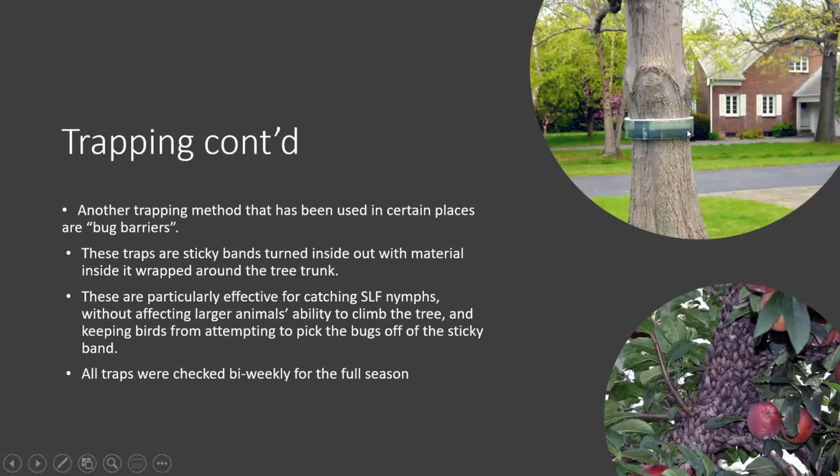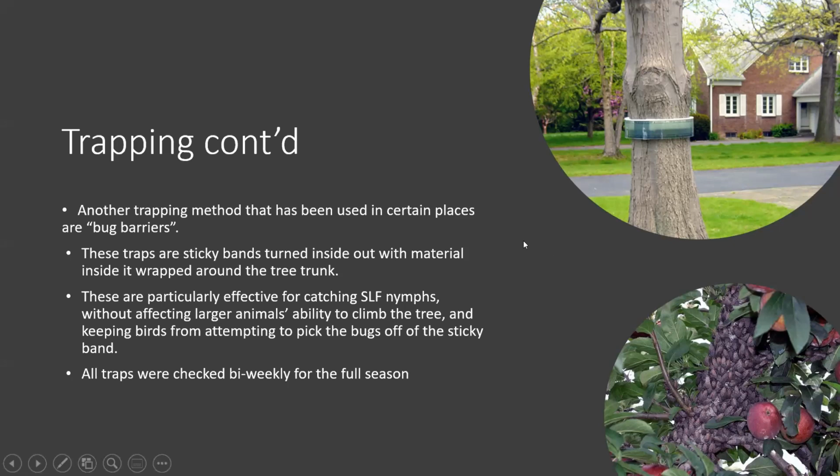What they do is make anything crawling up the tree have to avoid this cotton barrier, and then they go onto the sticky plastic and get stuck. So they're good for nymphs, and they don't affect larger animals' ability to climb the tree. It also keeps birds from being able to try to get the bugs off of the sticky band.